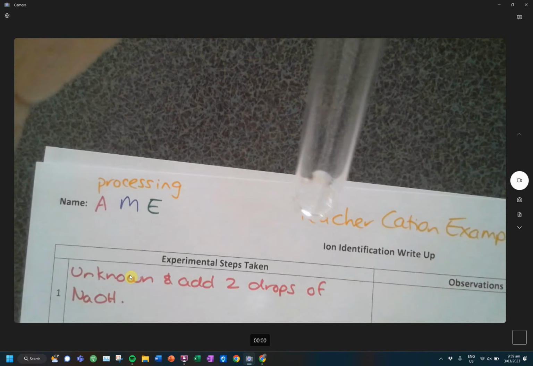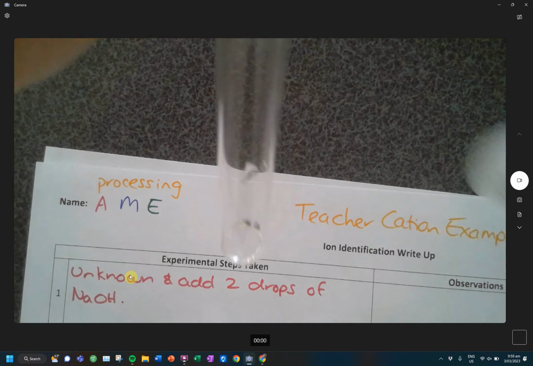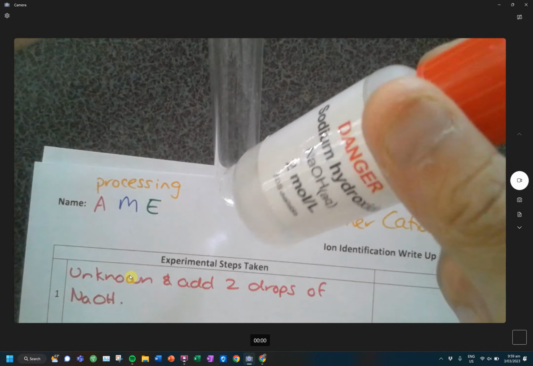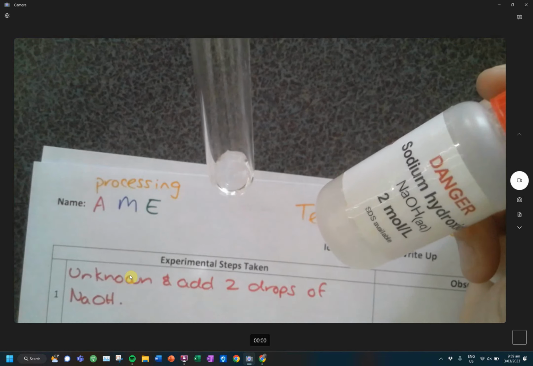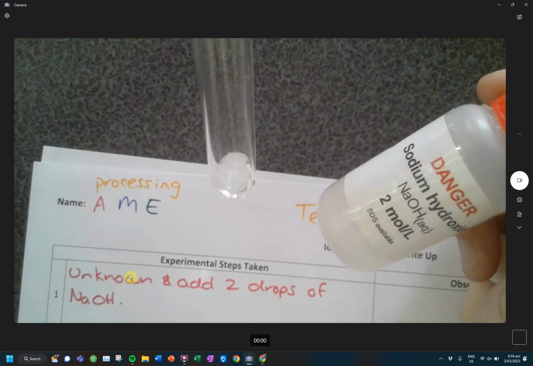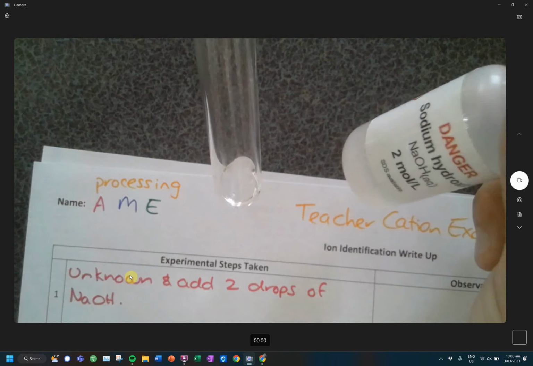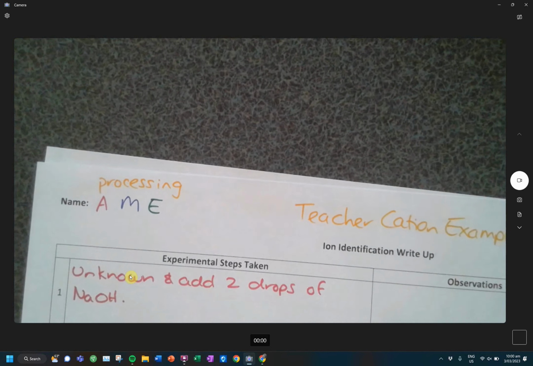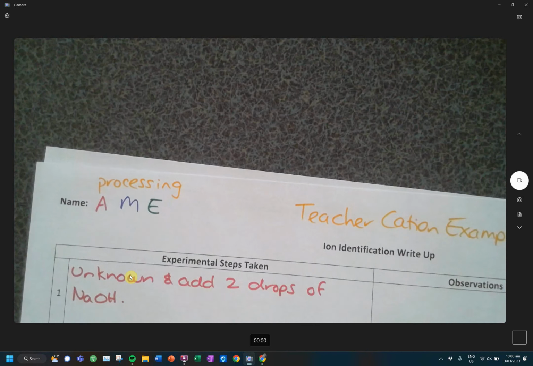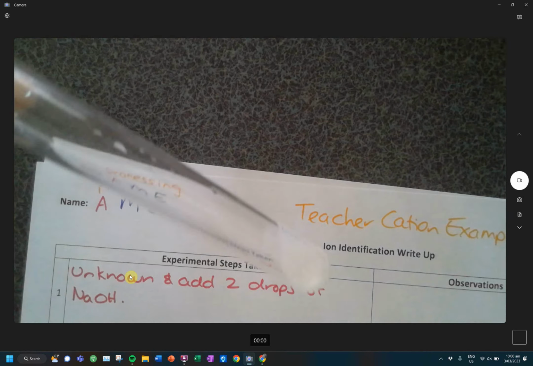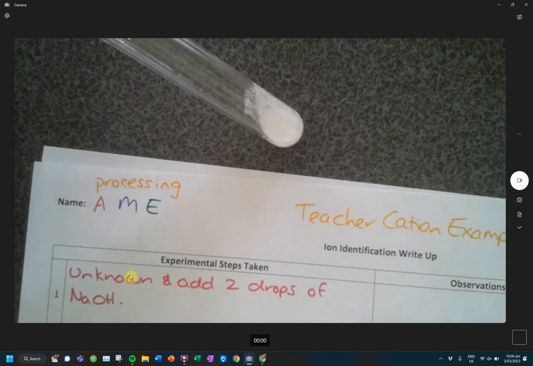I am grabbing my sodium hydroxide, which is this guy over here. Again, if you're not sure about formulas and names, look at the bottles because the bottles have them labeled both ways. I just want to add 2 drops of that, very gently 1, 2, and then mix it together. And what do we see?